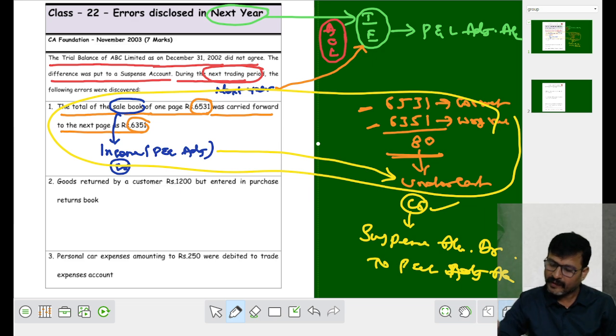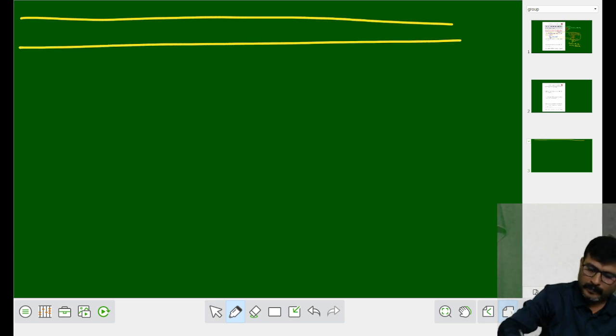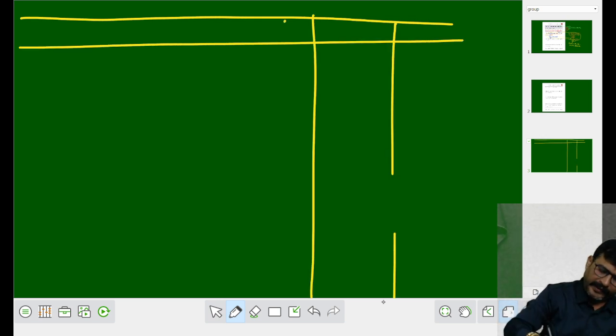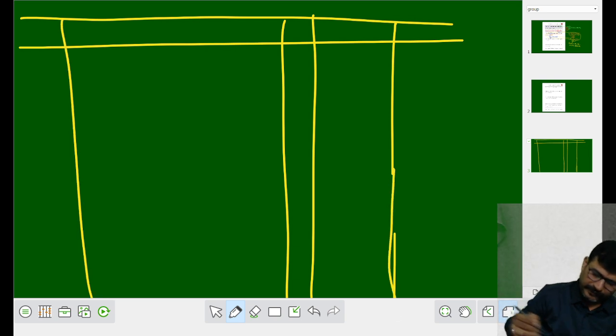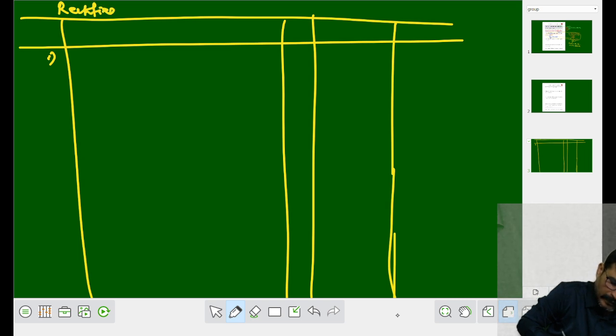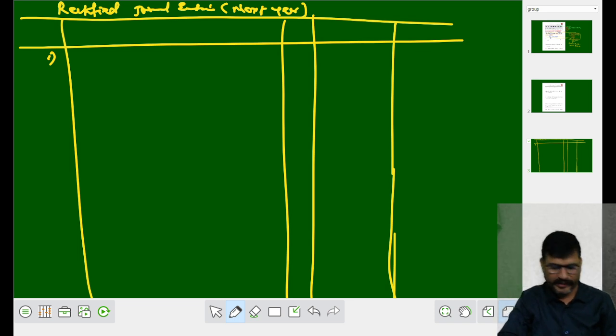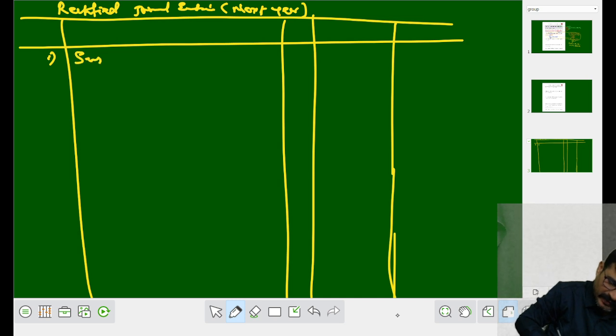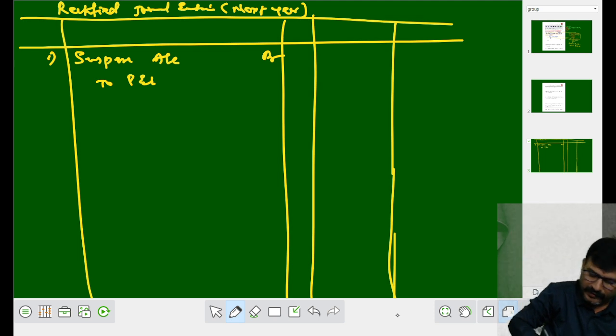Shall we make an entry? Fine. Let me move on to the format, that is the rectified journal entry. In that, the rectified journal entries, in the bracket, in which the rectification is done next year. Now what is the answer you got? Suspense account debit to, instead of writing sales, what am I supposed to write? P&L adjustment account.